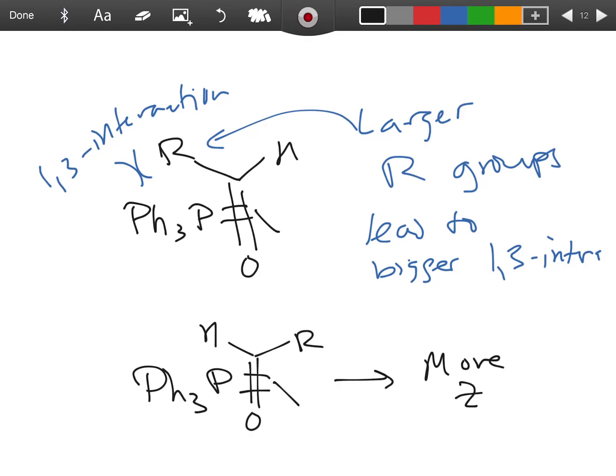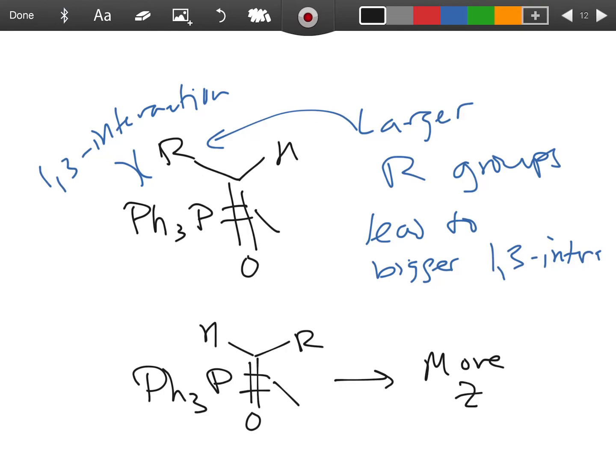So bigger R groups, more branching leads to more Z. And then replacing the phenyl group on the phosphorus with an ethyl group reduces the A1,3 interaction, the 1,3 interaction, and reduces the Z selectivity.